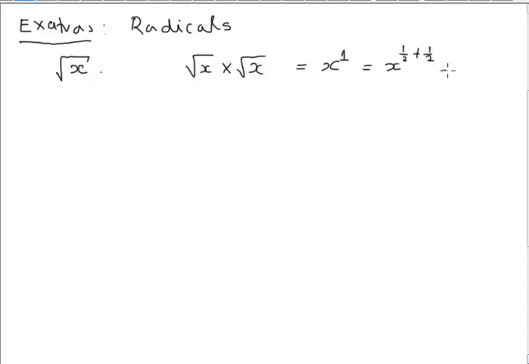But according to the rules of exponents, this is x to the power half multiplied by x to the power half. What am I saying here? It says when I multiply x to the power half by x to the power half, I get x. Therefore, square root of x is the same thing as x power half.